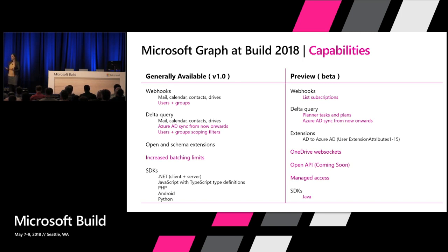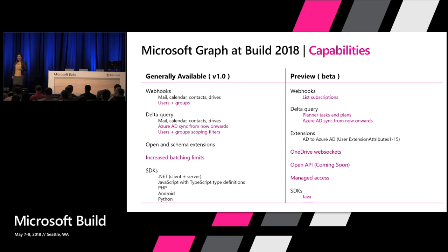This is a feature that has been asked for a long time, and it landed for Build 2018. Then we have Delta query capability for Azure AD users and groups, with scoping filters. For example, if I just want changes for a specific group, I can get a Delta token for that specific group's changes.